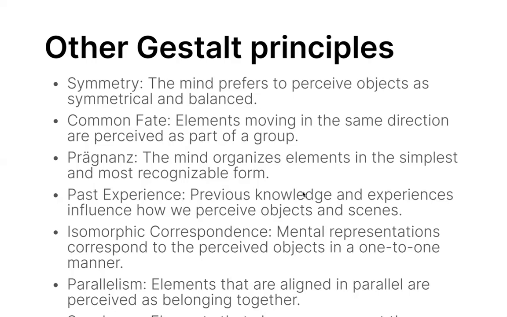Then there is the principle of past experience. Previous knowledge and experiences influence how we perceive objects and scenes, right? An example of this principle is that if you see a tree, you know that the tree has a root. You have not seen the root, but you know the root is there.